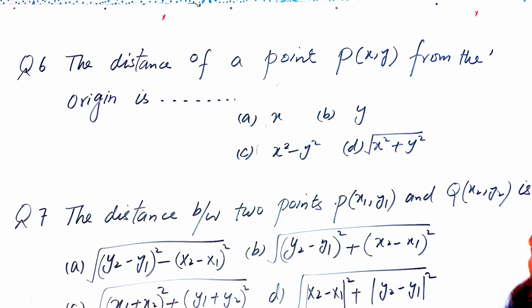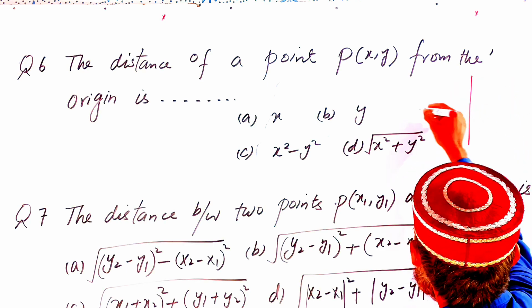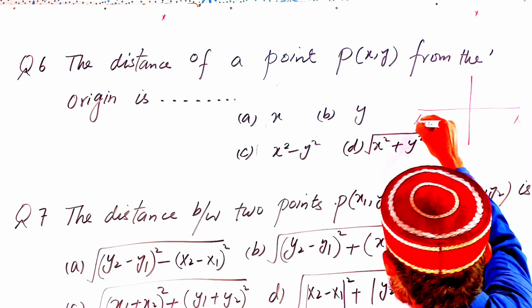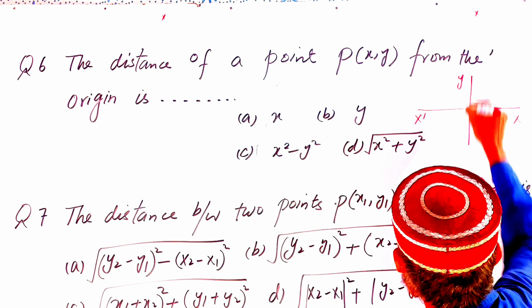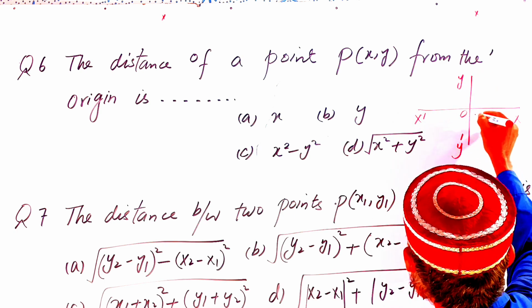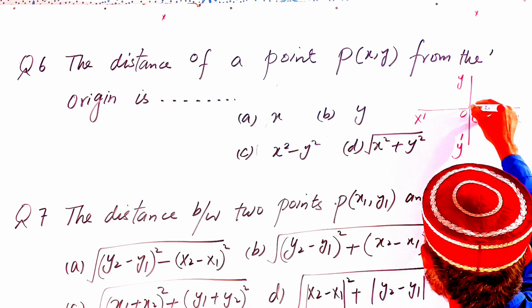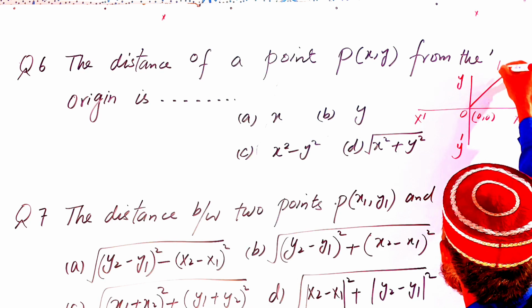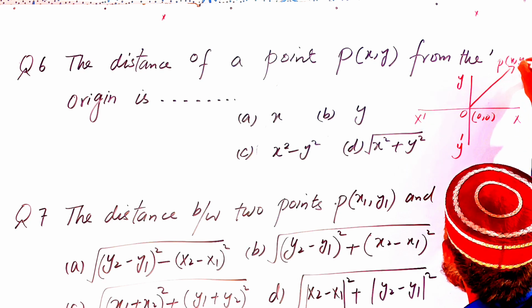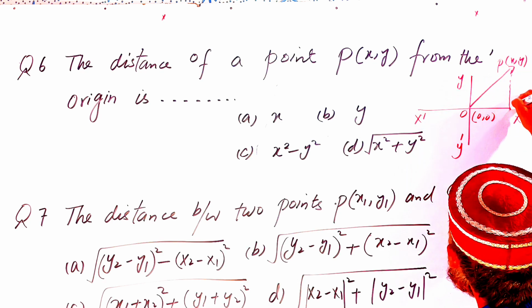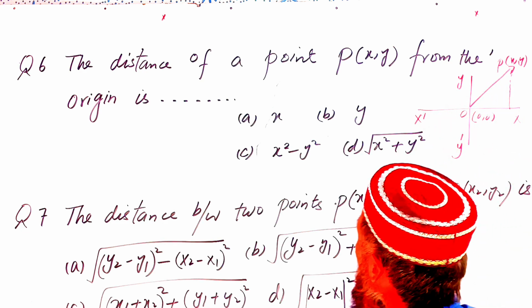A point from the xy plane, y and y dash, that is origin, and origin is (0, 0). P is any point which lies in the first quadrant. So that point lies parallel to the y-axis.